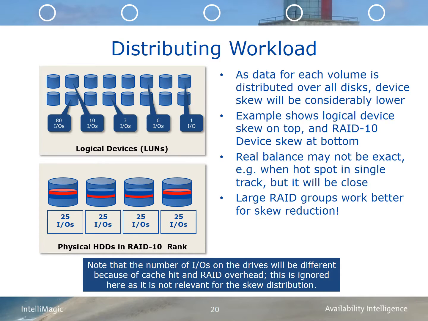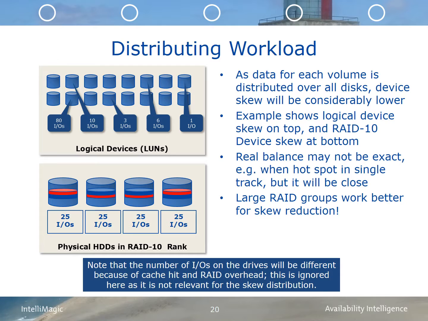One of the benefits of RAID is that it intentionally, by design, distributes the I/O workload across the available devices. So in the top left picture, I have a series of disks, and then I have some callouts that indicate that there are some number of IOs on different LUNs that are on different disks.